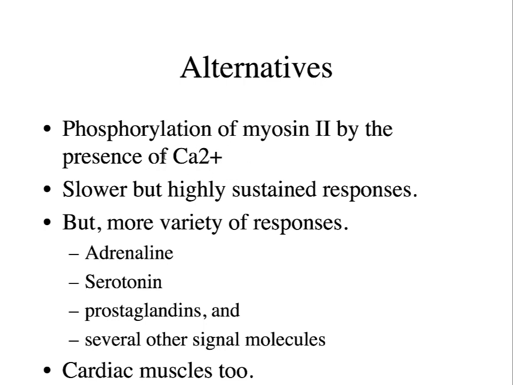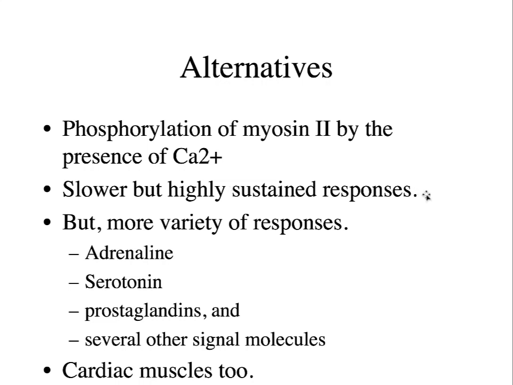So calcium in this case doesn't cause a mechanical change, it actually adds phosphate groups to the myosin 2. And that myosin 2 then is reconfigured to act with its target proteins. So this would make the process much slower than a mechanically moved association as we just saw with skeletal muscle. But it is sustained for long periods of time.